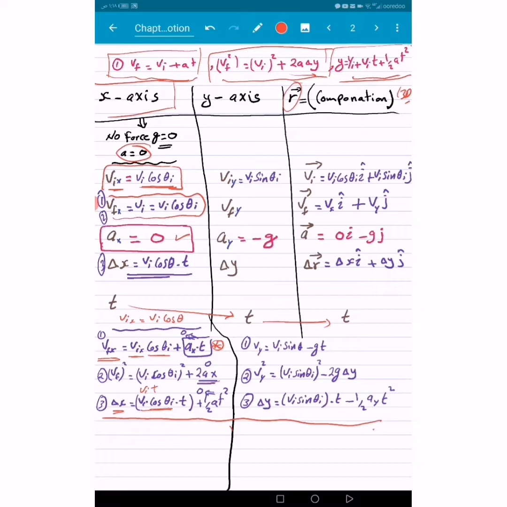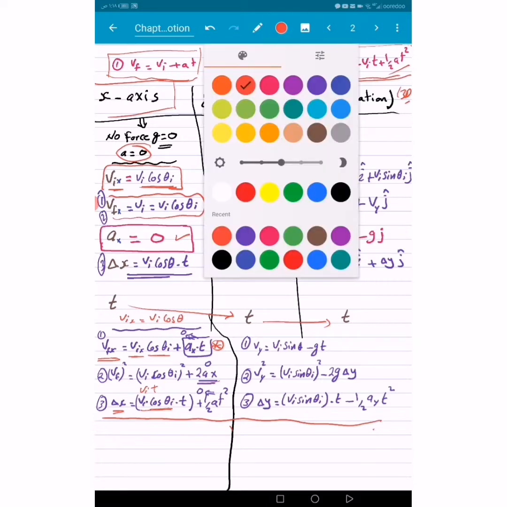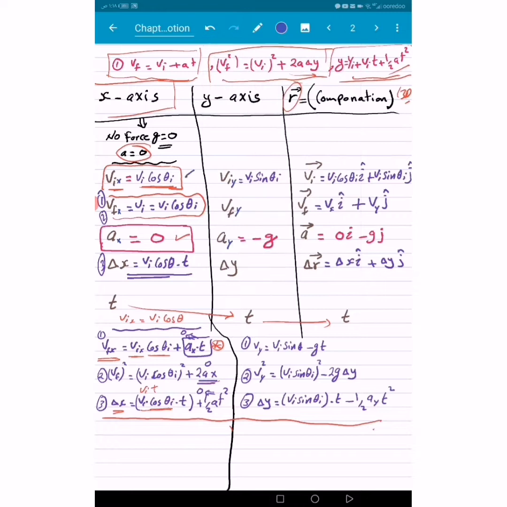The other part is equal to 0. So that's it. In x we have only 2 important equations: number 1, the important equation number 1, and equation number 2. That is 2 important equations, and this you can discover from the second equation.